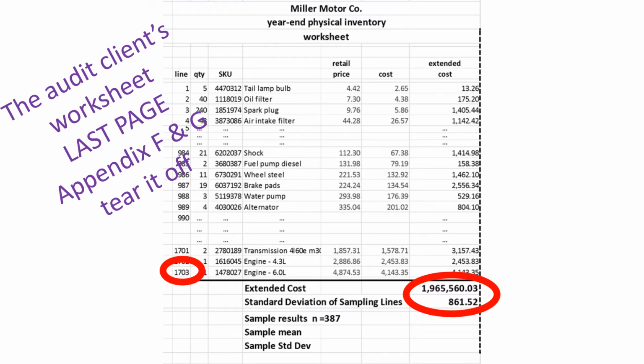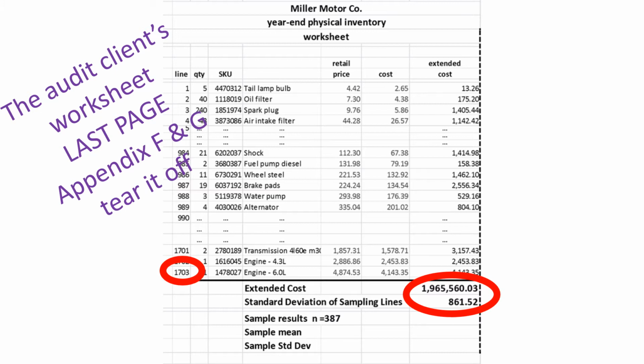Parts inventories and lots of inventories tend to have more of the less costly items and fewer of the more costly items. So when we audit by SKU number, we tend to reduce the variance and the sample size. Now, notice the extended cost of the inventory is $1,965,560.